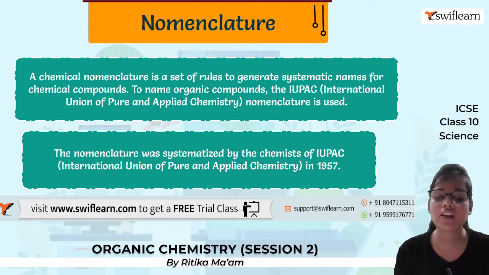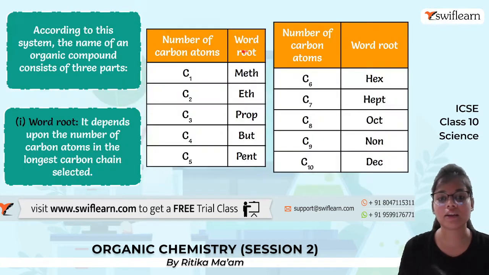It is the International Union of Pure and Applied Chemistry. This nomenclature is very systematic and is followed all over the world. It was systemized by the chemists of IUPAC in the year 1957.